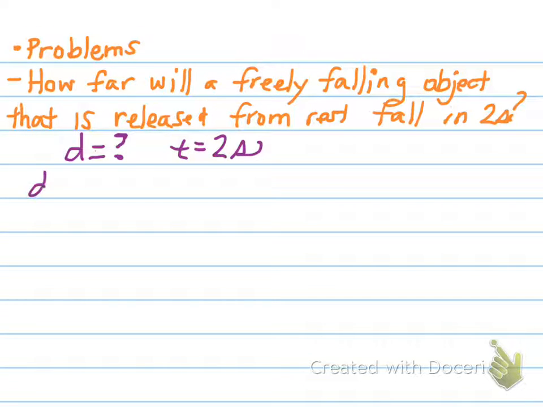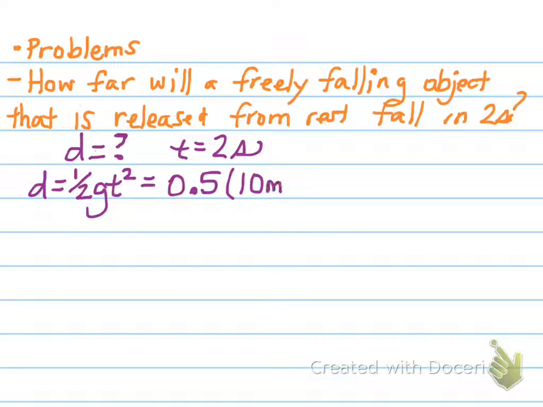So we're going to use that equation d equals 1/2 gt squared. So 0.5 times g, which is 10 meters per second squared, times our time, which is 2 seconds, squared.